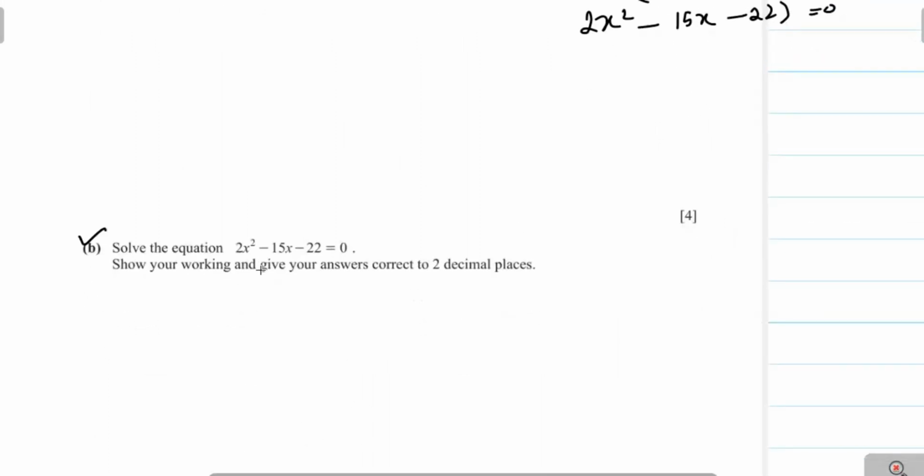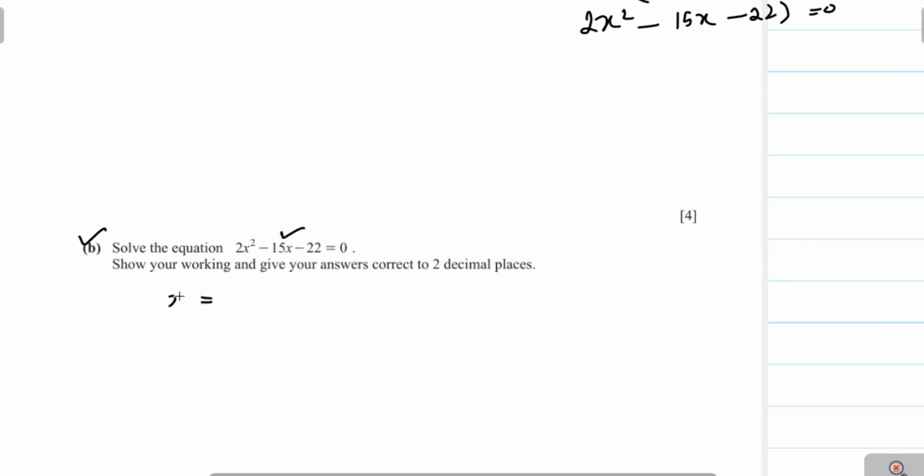Part B, solve the equation 2x squared minus 15x minus 22 equal to 0. Show your working, give your answer correct to 2 decimal places. We can solve this equation by using the quadratic formula.